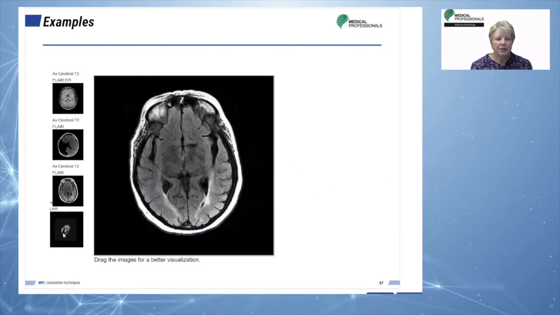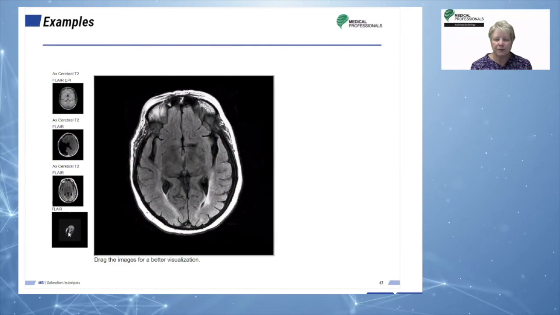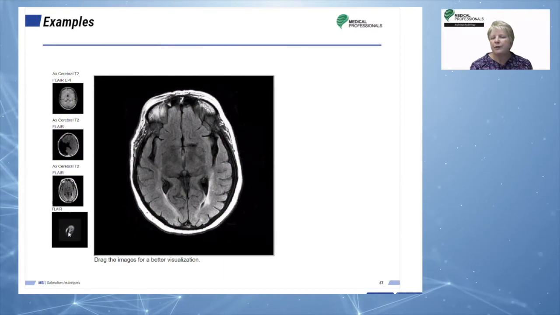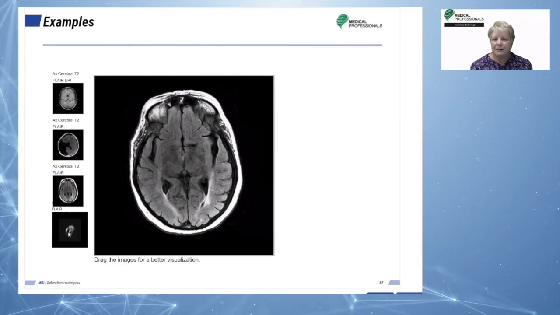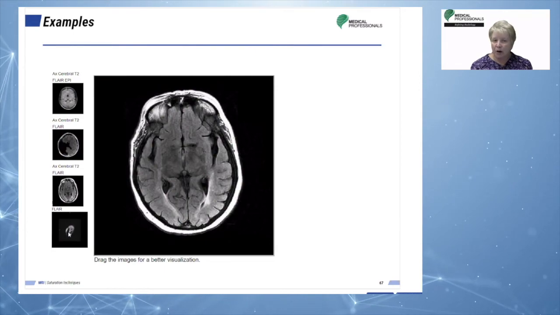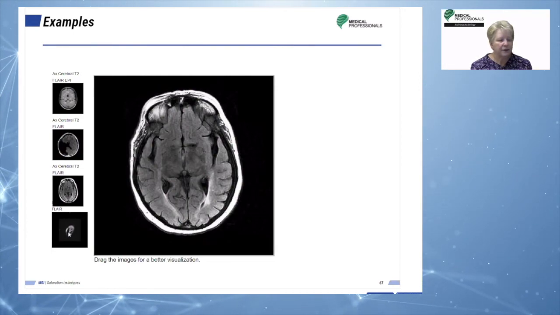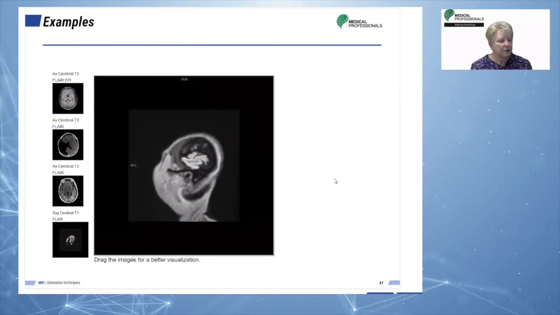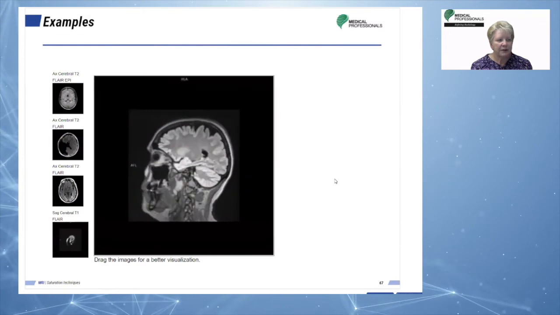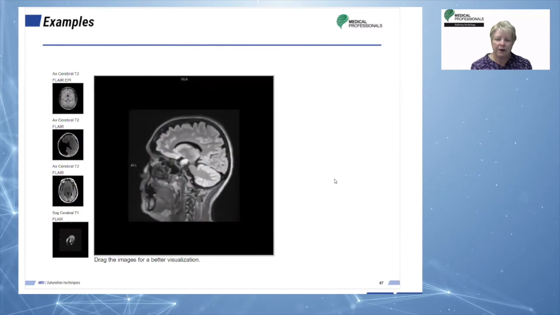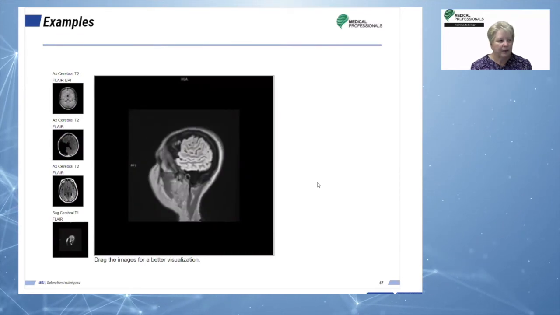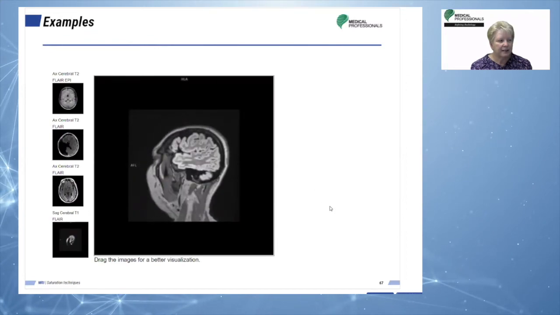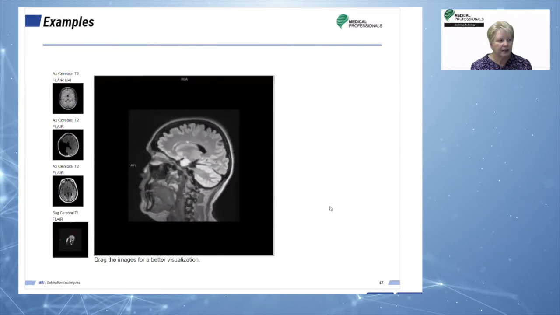The last image is a sagittal T1 FLAIR. I want you to note that both T1 and T2 sequences can run with the FLAIR water suppression technique. So this is what a T1 FLAIR would look like. And it's going to run through the entire sequence for you. So it has a little bit of a different appearance than what we saw on the T2 FLAIR. I'll let that run for just a second so you can get a good look at it.